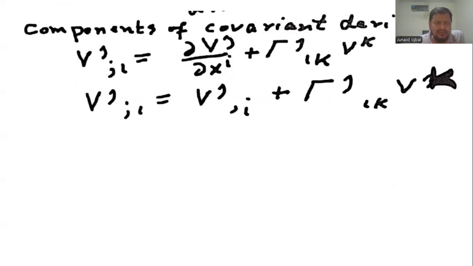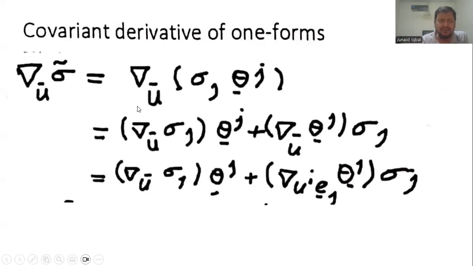So basically, it will be equal to the partial derivative of v^j with respect to x^i plus gamma super j ik v super k. This form is called the components of the covariant derivative of vector v with respect to u. Or sometimes, instead of writing the partial derivative of v super j with respect to x^i, we say v super j comma i plus gamma super j ik v^k. So we represent the partial derivative with the symbol comma i, and the covariant derivative is represented by semicolon i.